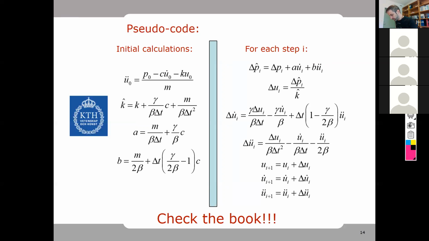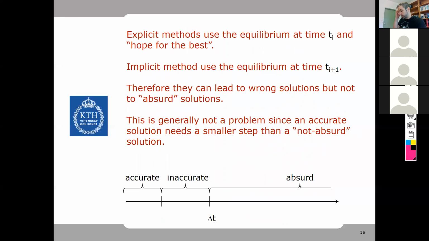So, besides the practical way of programming it, that you can see in this slide and in the previous slide, I think this is also an important slide that you need to understand.